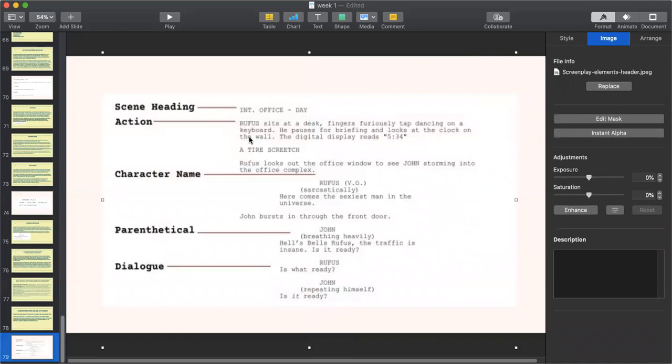Right? So scene heading is the first thing, then the action, character name, parenthetical, and dialogue. Okay, these are the 5 things that have to always be in a script.